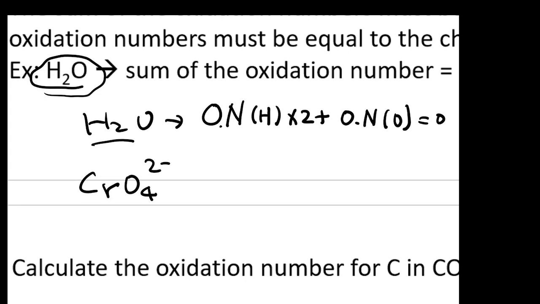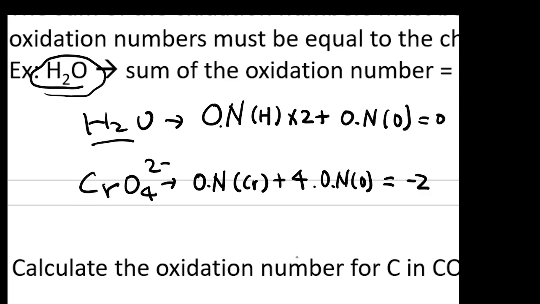But for CrO4 2-, which carries -2, the oxidation number of your chromium plus 4 times the oxidation number of your O needs to equal the charge it carries.